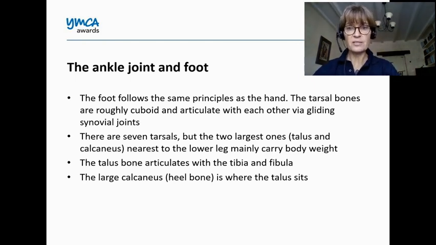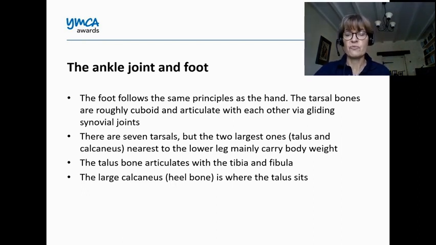There's 7 tarsals, but you've got 2 big ones, which are your calcaneus and your talus. And right at the beginning, I talked about the subtalar. So that's the joint between the talus and the calcaneus, the one where you get the inversion and eversion movement.